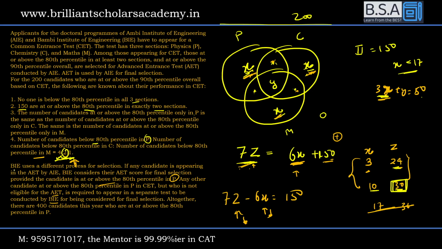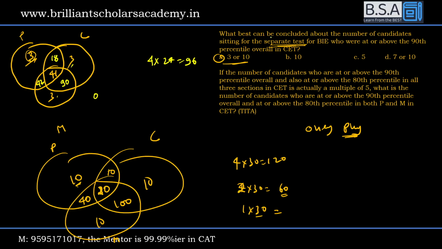यहाँ पढ़ो देखो, BIE uses different criteria for selection process. If any candidate is appearing AET by AIE, BIE considers their AET score for final selection, provided the candidate is at or above 80% in P. तो P का पूरा गोला देखना है मेरे को। Any other candidate at or above 80th percentile in P in CET, but who is not eligible for AET, is required to appear separate test to be conducted by BIE. तो BIE के लिए कौन सेपरेट टेस्ट देगा? जो फिजिक्स में हो और केमिस्ट्री और मैथ्स में ना हो, क्योंकि अगर इनमें से किसी और में एक साथ आ गया तो वो तो सेलेक्ट हो गया ना AIE में, वो BIE क्यों जाएगा?